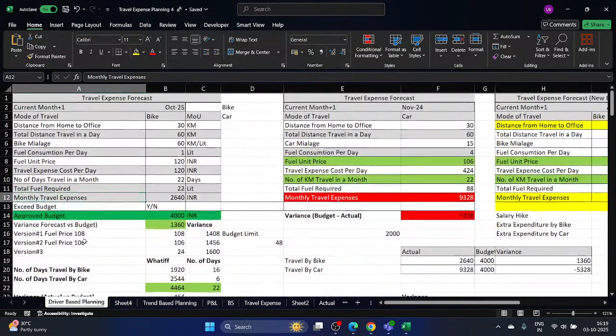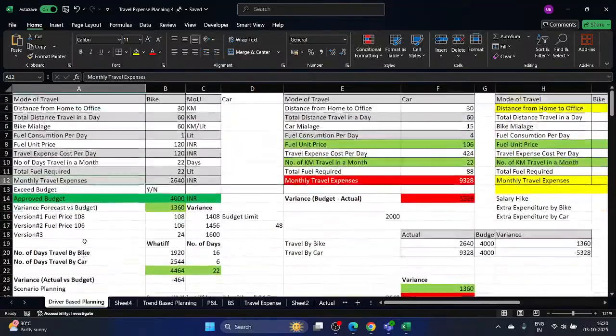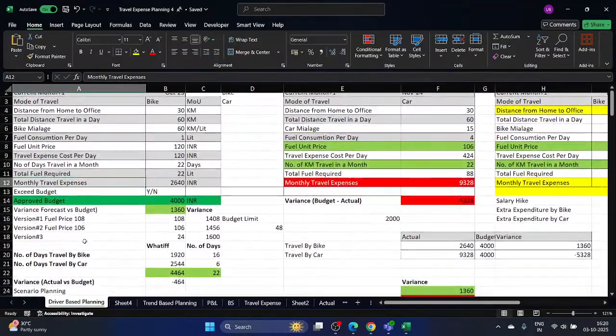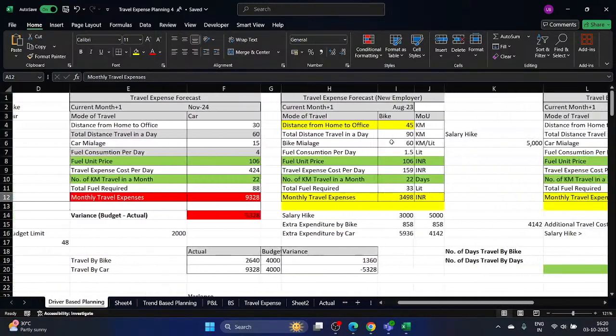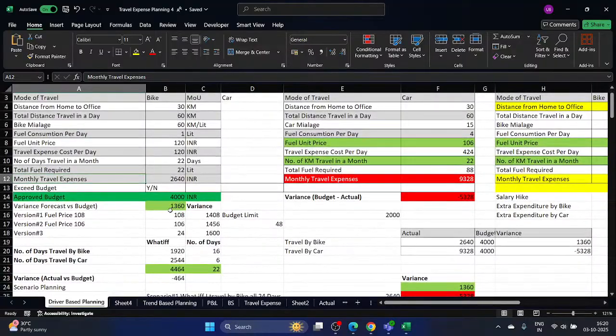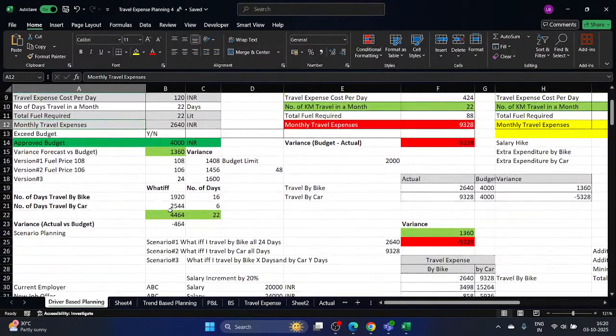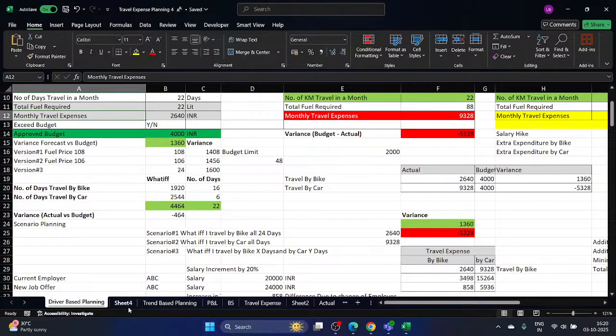So we could say it's a driver based approach through which we can calculate it. The same thing we could do in this area, but if there would be different versions, for different types of scenario changes.